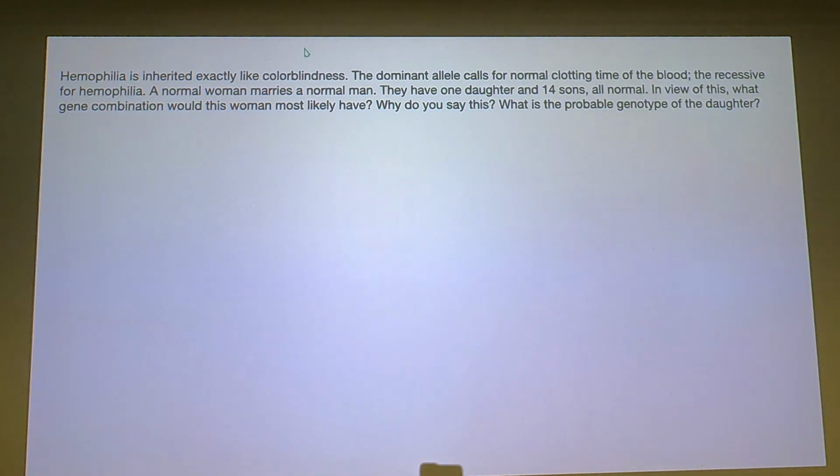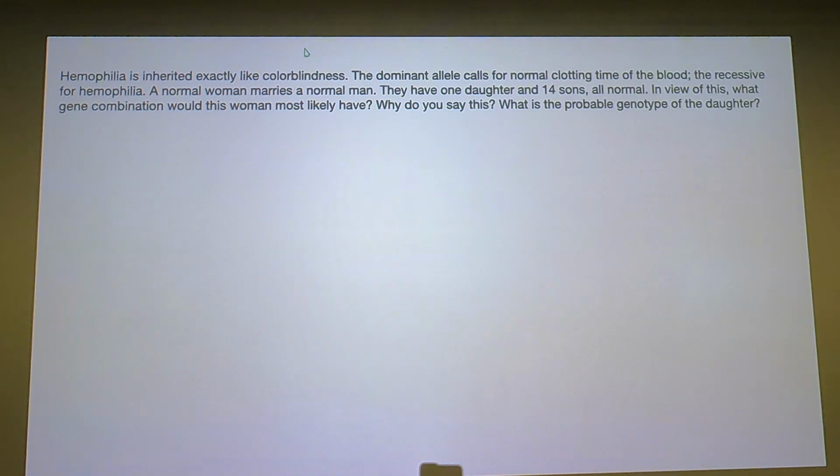Is she a carrier for hemophilia, you think? She could, but we wouldn't see it in their offspring if the man doesn't have it and she's heterozygous. Oh, but remember, the man passes on the Y chromosome. So probably not. Yeah, if she was a carrier, you'd expect half of her children, half of her boys, to be hemophiliac.